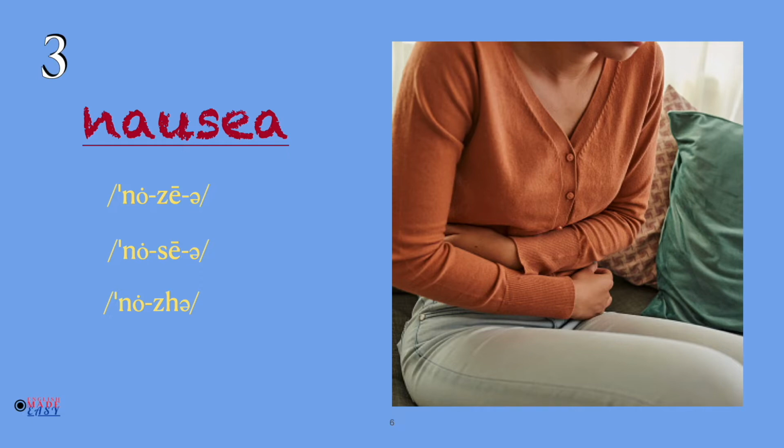In the first variation, the letter S takes a Z sound as in zebra, and the following letter E is a long E. In the second variation, the letter S stays as a regular S, and the letter E is also a long E. In the third variation, the letter S takes a Z sound, the letter E is dropped and replaced with the letter H. Now, as far as I have observed, the third variation, which is pronounced as nausea, is what's commonly used by both Americans and Canadians.